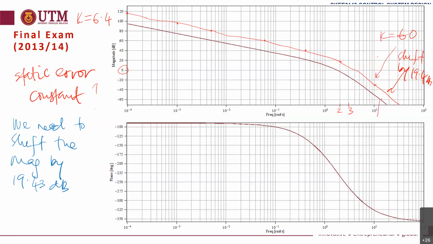Initially, it was K equal to 6.4. Why do we use K equal to 60? Because we want to increase the Kv by 20 times. Any question here before we proceed?